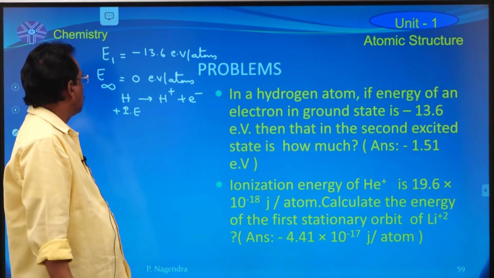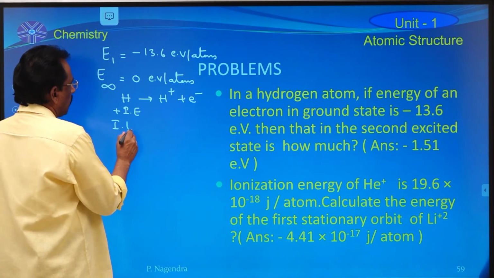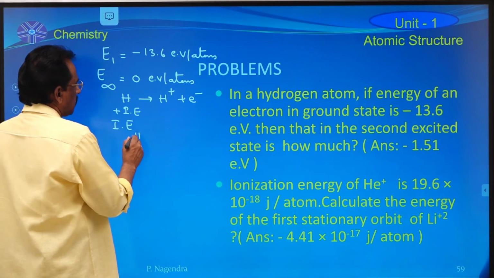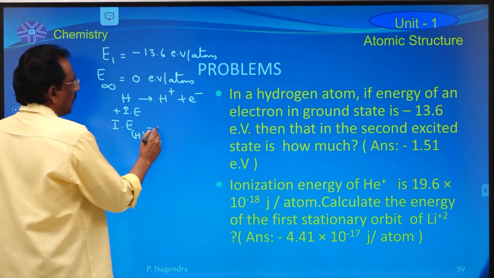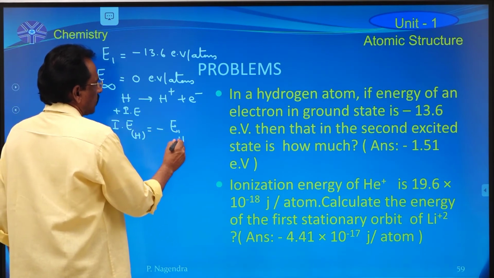That means the ionization energy of hydrogen is nothing but minus E1 of hydrogen.